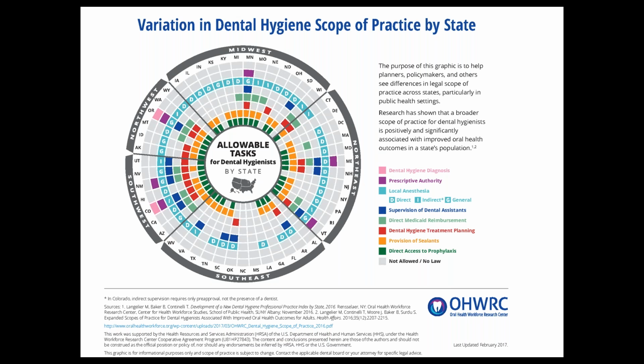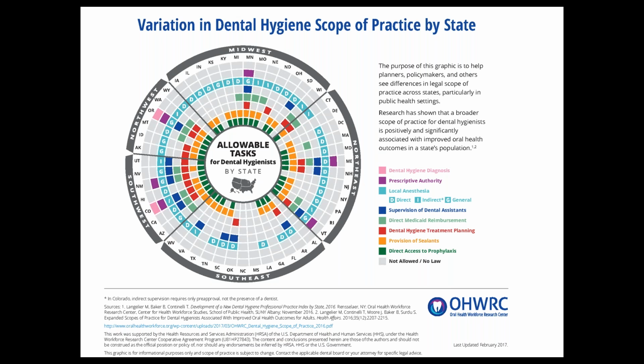Can you just describe to us the scope of practice in California? I see that we have the different things that dental hygienists in California can do. Can you go into that and describe more of the California scope of practice?